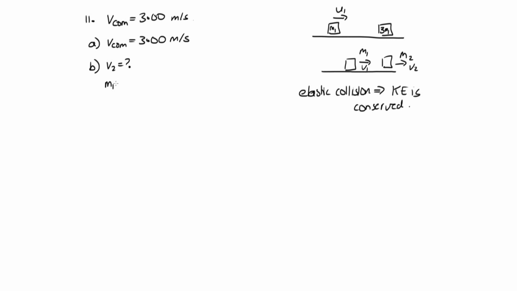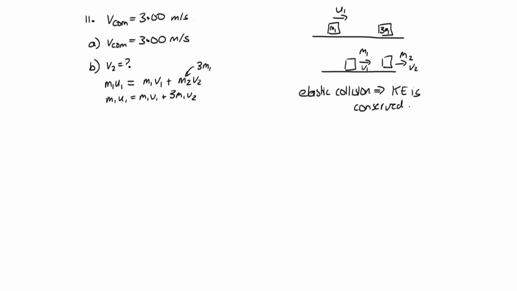So we've got m1 u1 plus m2 u2, but this one has no initial speed, so that next term is 0, and that is equal to m1 v1 plus m2 v2, but we know that m2 is equal to 3m1. So we can write this as m1 u1 is equal to m1 v1 plus 3m1 v2.